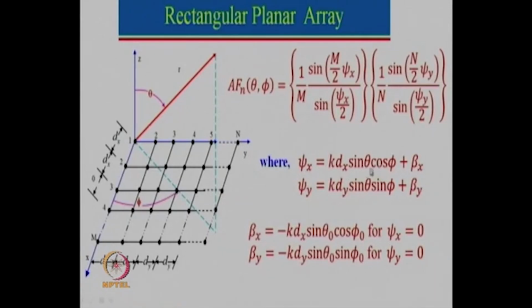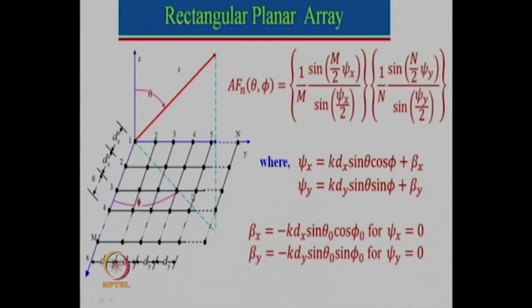How do we get this expression? Let us say we are trying to find the radiation pattern at a far away distance r. We take a projection of that on the xy plane. Since this angle is theta, the projection on this plane will be multiplied by sin theta. So, you can see that sin theta is coming in both places.